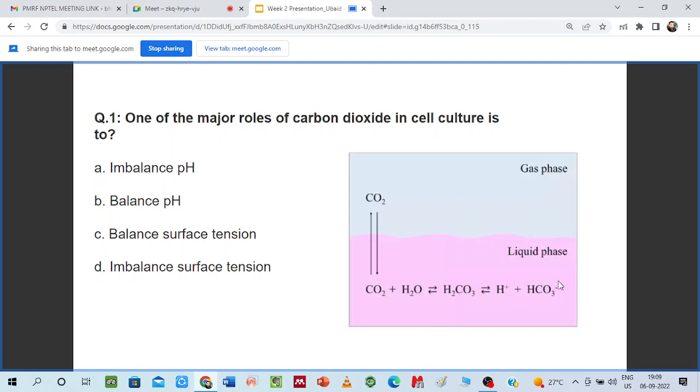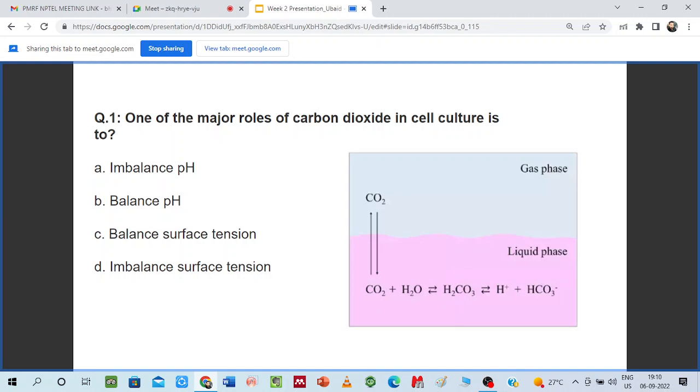There are also bicarbonate buffers present in this liquid phase in the media. Those bicarbonate buffers can dissociate into protons and carbonate ions, and this carbonic acid and bicarbonate balance, leading to the formation of a bicarbonate buffer system, which will ultimately resist the change in pH.